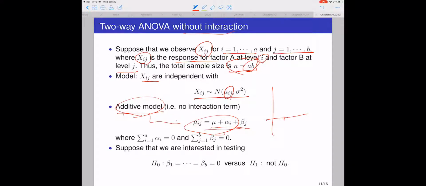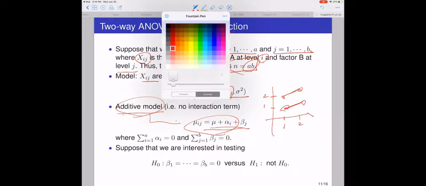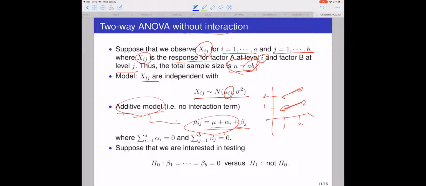Suppose we have two levels in A, 1 and 2, and two levels in B. The additive model means that the increases have equal slope. Interaction term means something like this, where the slopes differ.